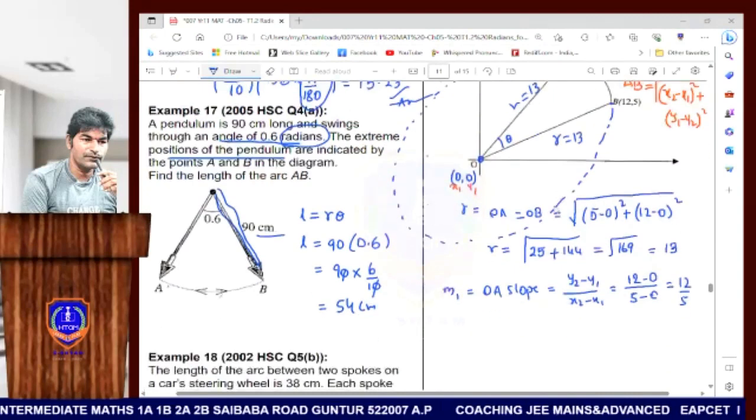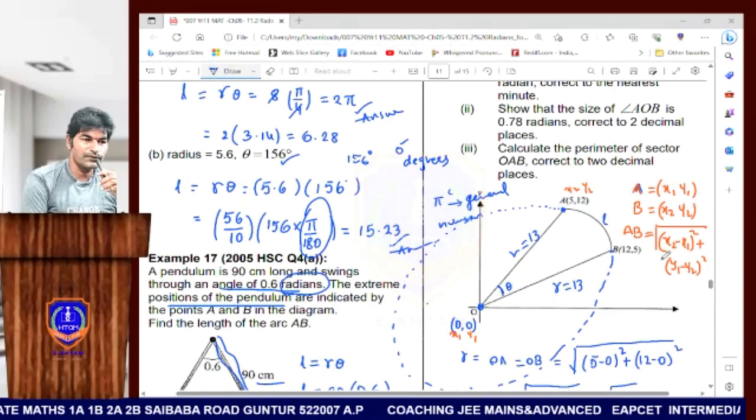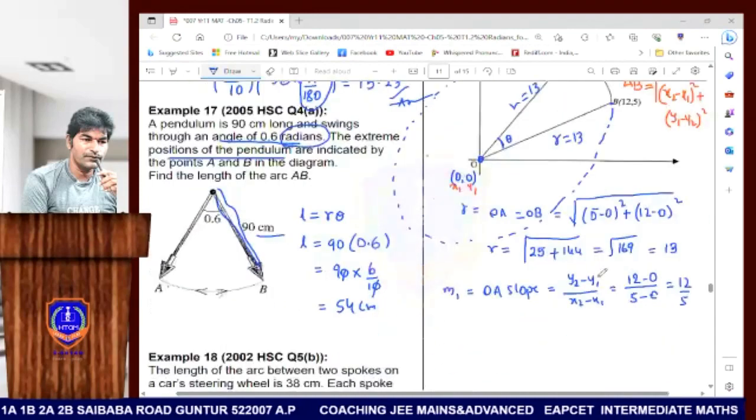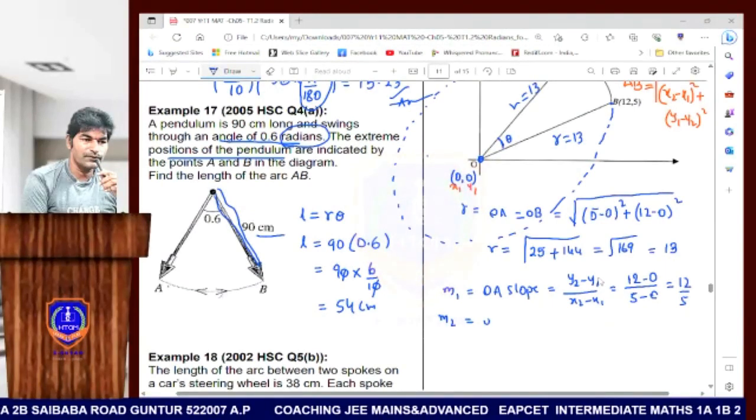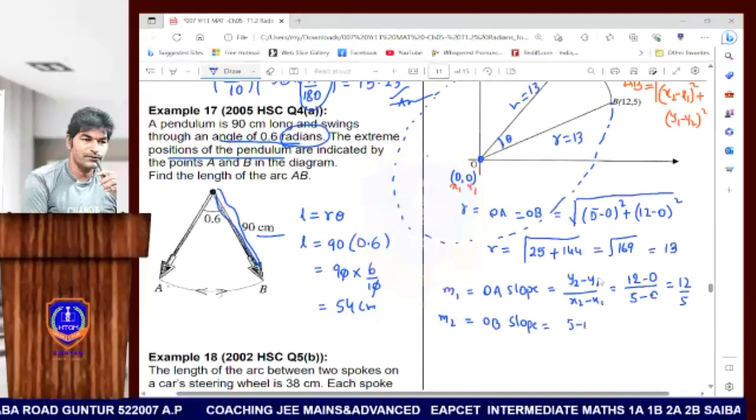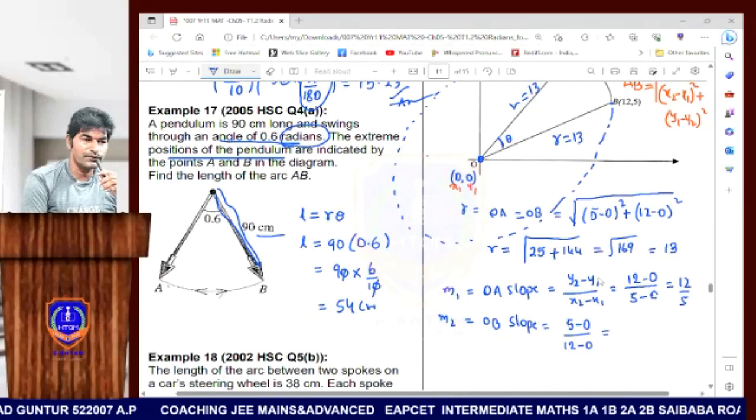That is M1. Similarly, calculate M2, because this theta lies between the lines joining OA and OB. So M1 is the slope of OA and M2 is the slope of OB. Slope is often denoted with M. Same formula: difference of y values divided by difference of x values, so this is 5 by 12.